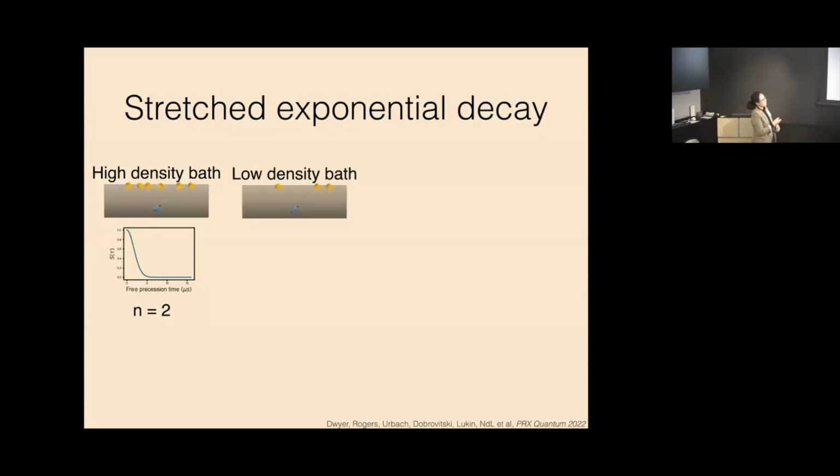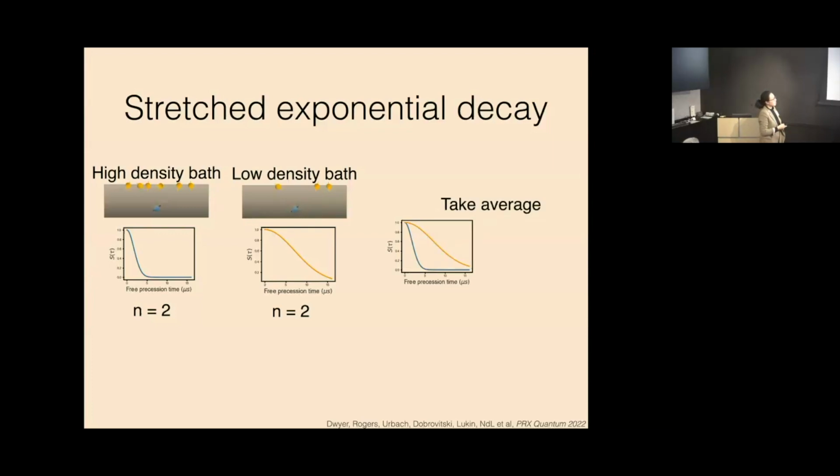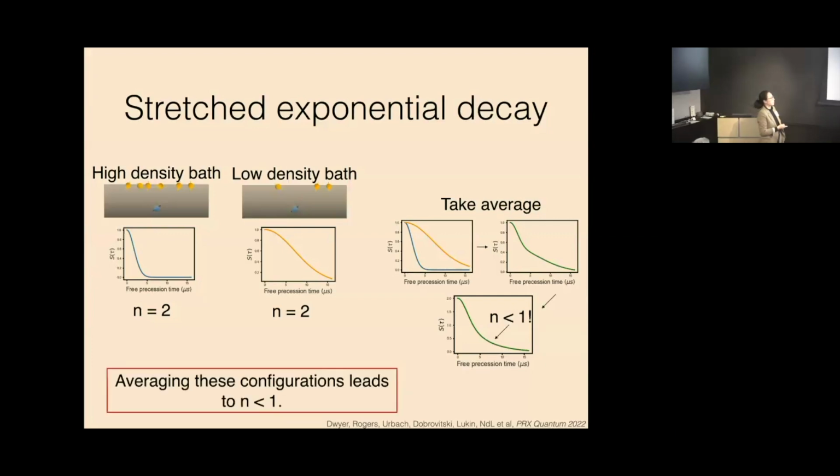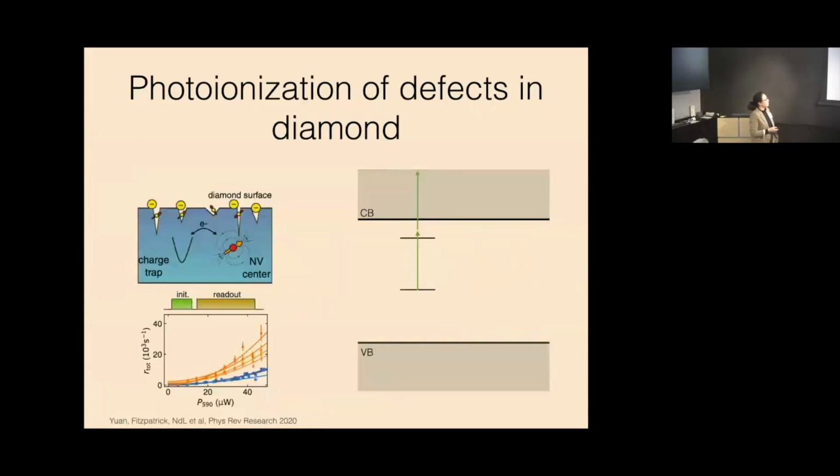And at other times, stochastically, I see a low density bath that gives me another coherence decay, also n equals 2, but just a longer coherence time. If I configurationally average these two things and then look at what the shape of this curve is going to be, I can get an n that's less than 1. All right, so one possibility is that we have some kind of configurational averaging that happens at the surface, and that leads to this funny stuff.